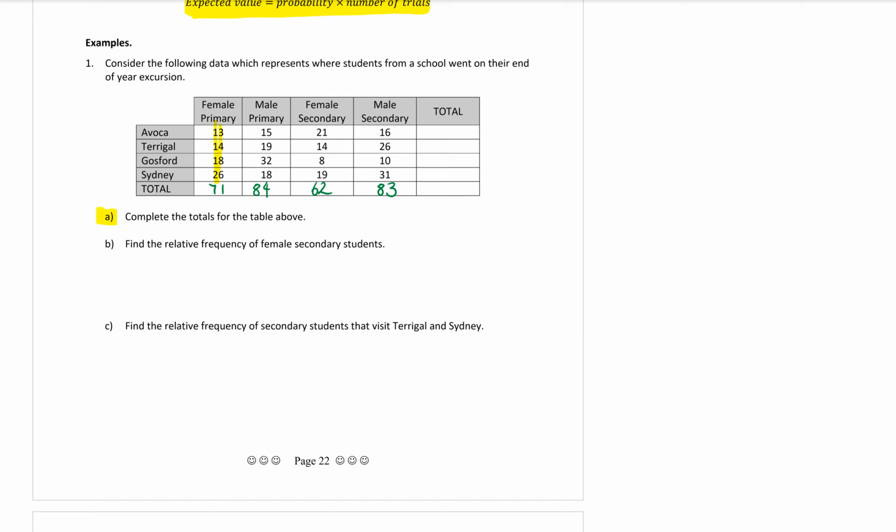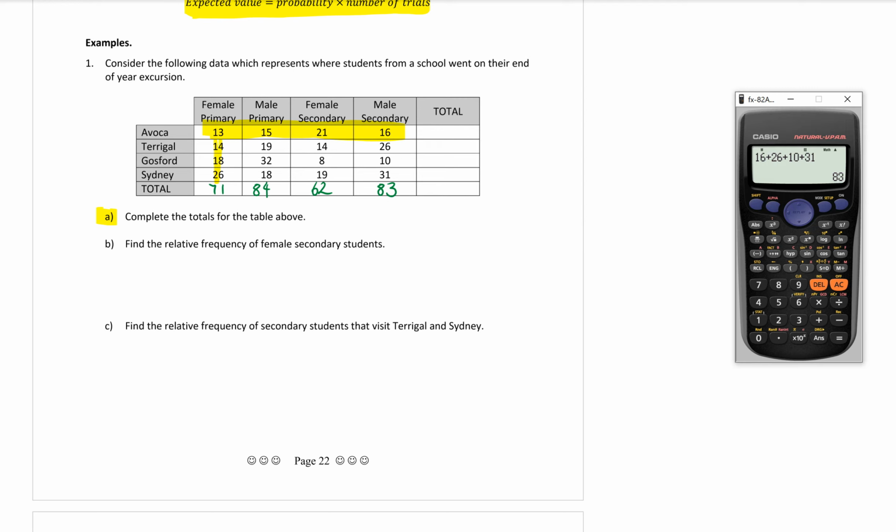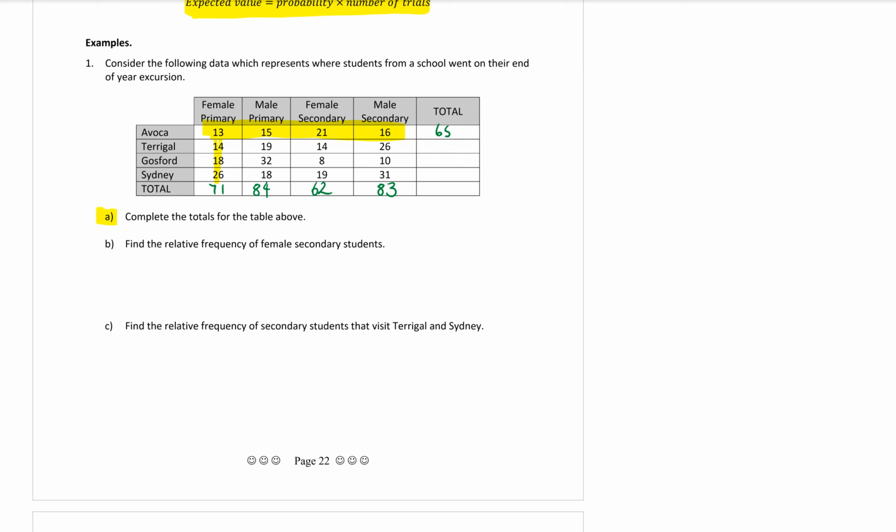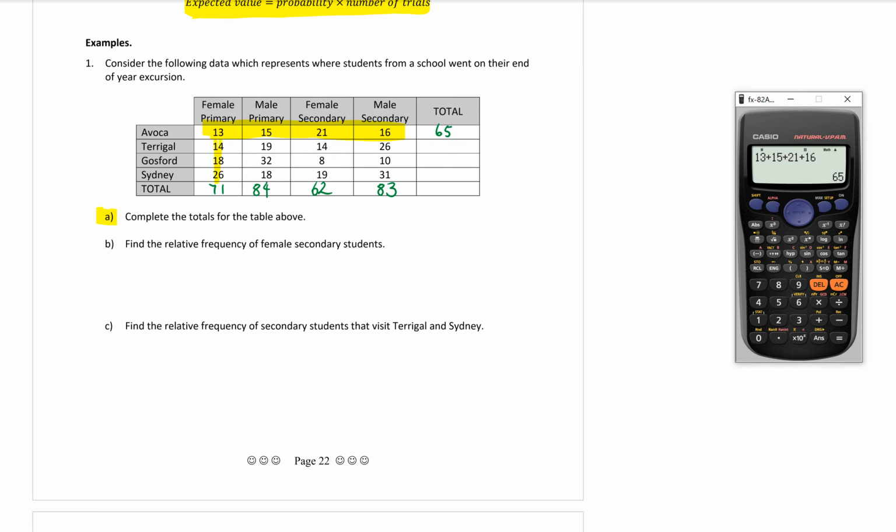Now, to get the totals on the end here, we need to add across the rows to find those. This will be the total number of people that go to Avoca. So it's 13 plus 15 plus 21 plus 16. So there's 65 people who go to Avoca. Then the next one. So a lot of adding in here.